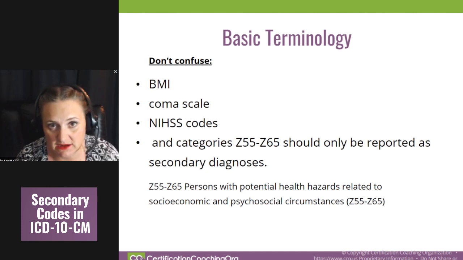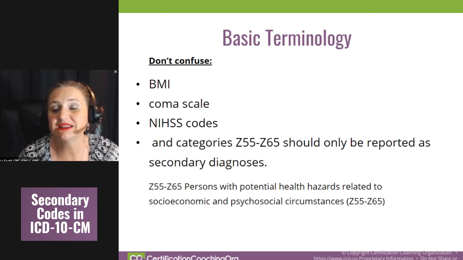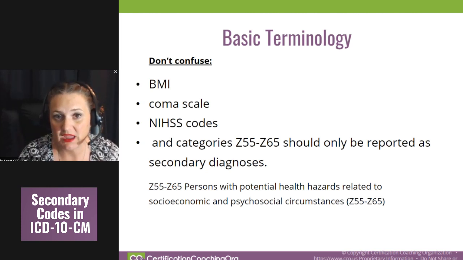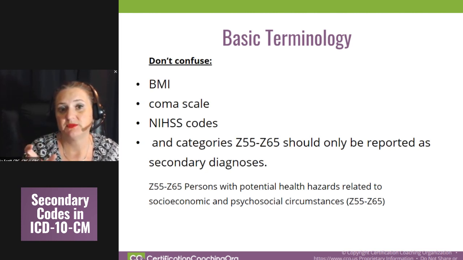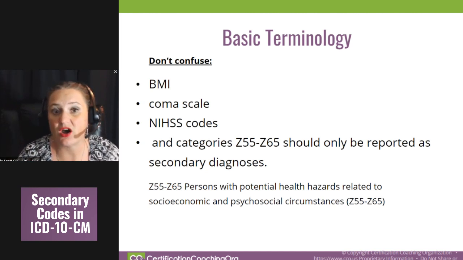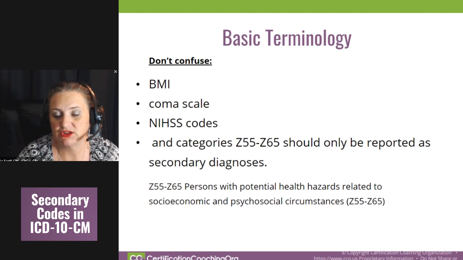Let's explain it a little bit more. Does that mean that every time you code for obesity or morbid obesity that you have to have a BMI code? No, because you may not have the BMI listed. What it's telling you is that if you have a BMI, and they're usually documented by the clinician right there by the vital signs, that's where you find them often, so you have your BMI listed.